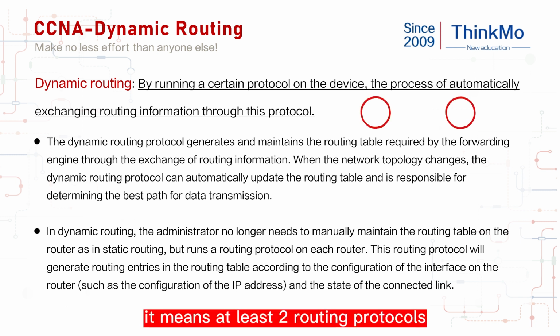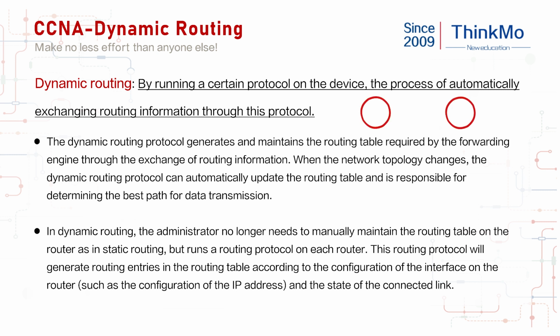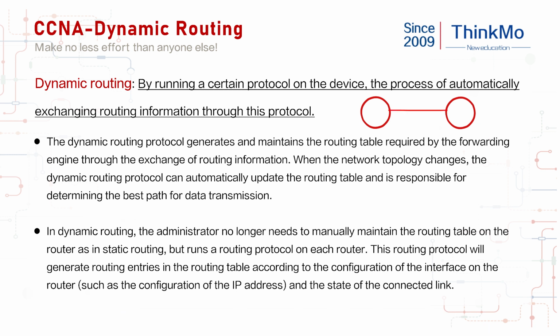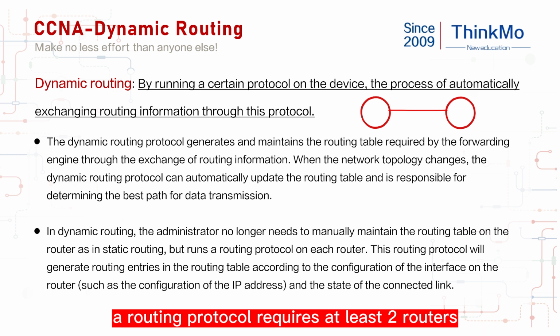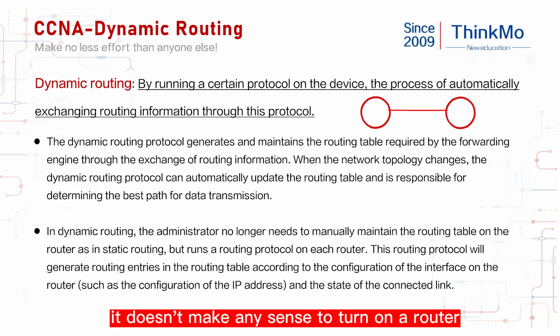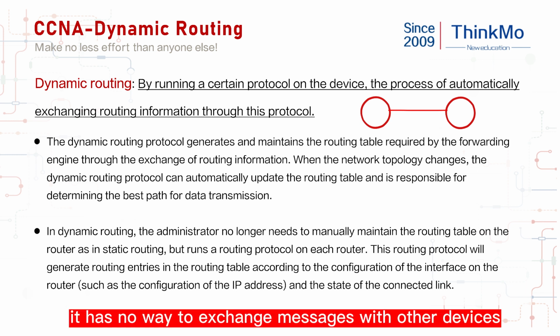It means at least 2 routers, because a routing protocol requires at least 2 routers. It doesn't make any sense to turn on a routing protocol on one router, as it has no way to exchange messages with other devices.